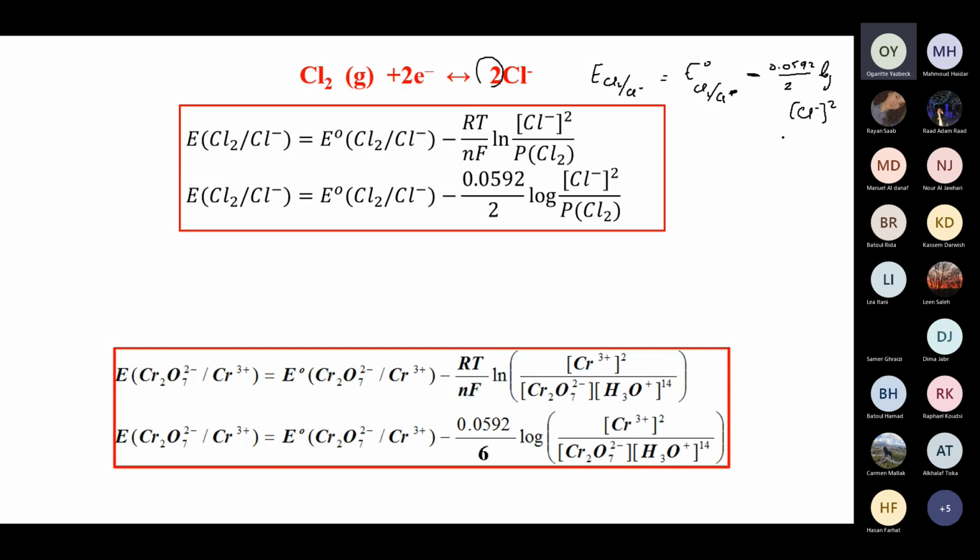And we must include the gas pressure of Cl2. We must include the gas. Okay, it must be included. Clear?